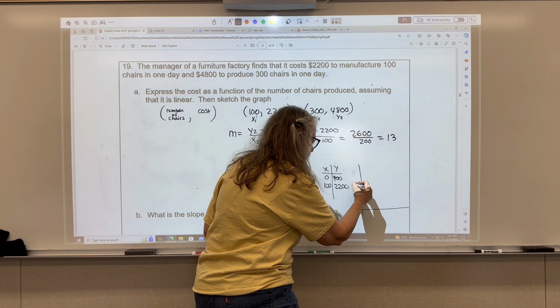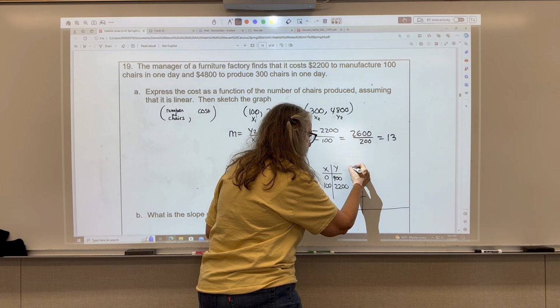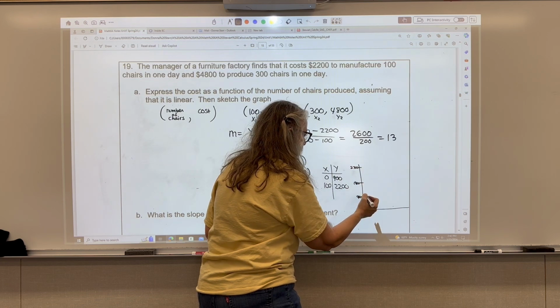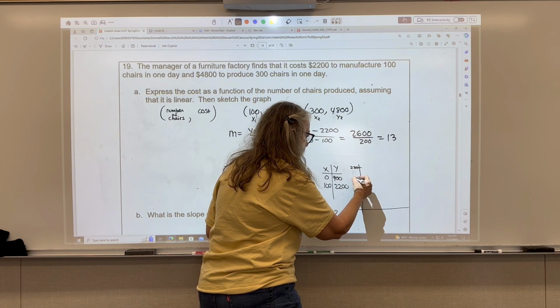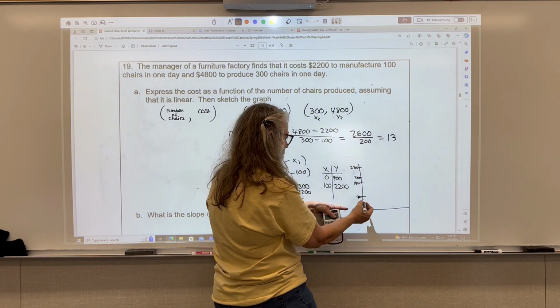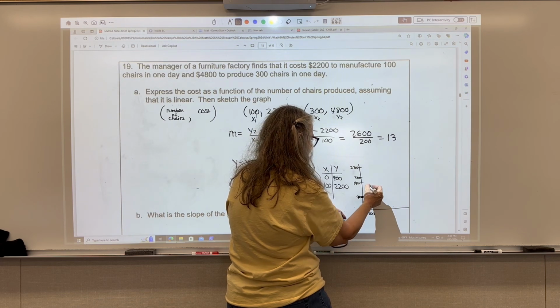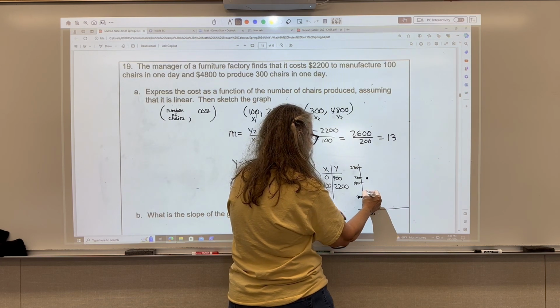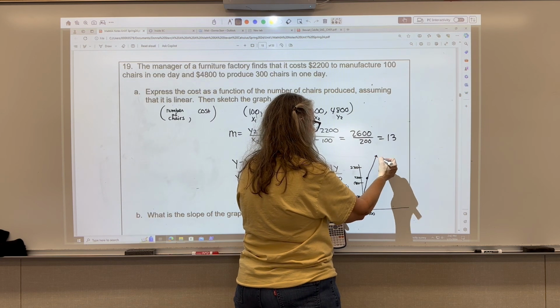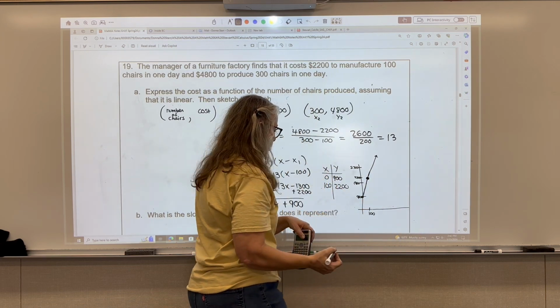And then right here is going to be 1,800, it is a sketch. And then here is going to be 2,700. And so right here somewhere, it's going to be 2,200. So right here, and then I'm going to count over here 100, and then right here. And it should be linear. So that's a line. If I had a ruler, it'd be better.